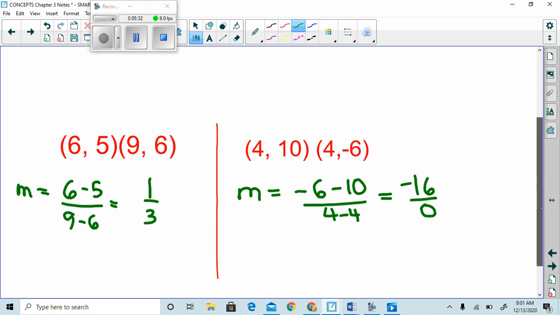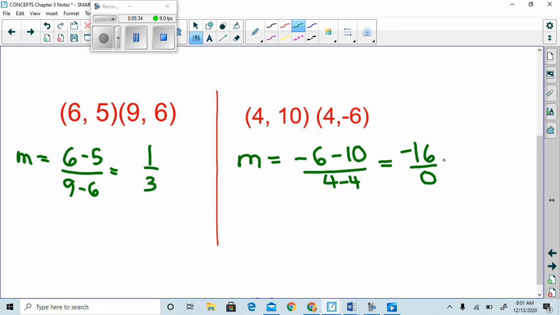When 0 is the bottom number, it's under the fraction bar. This is undefined slope. We can never divide by 0, so that's another reason to remember that. But think if the 0 is under the fraction bar, it's undefined. Okay, so that's one of the two unique ones.